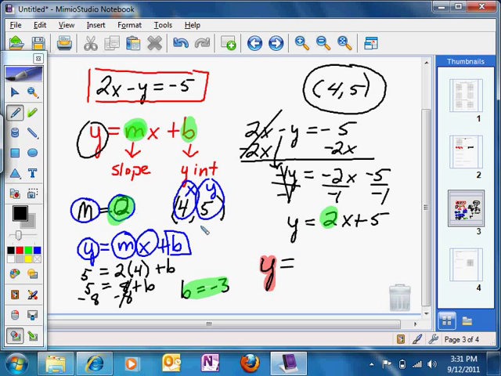Well, my m is 2, so 2x plus b, that's my y-intercept, so it's -3. I could have put plus negative, but y equals 2x minus 3 is fine. If I was writing this equation in slope-intercept form, I would be done right here. But what I have to do is put that in standard form, which is Ax plus By equals C.